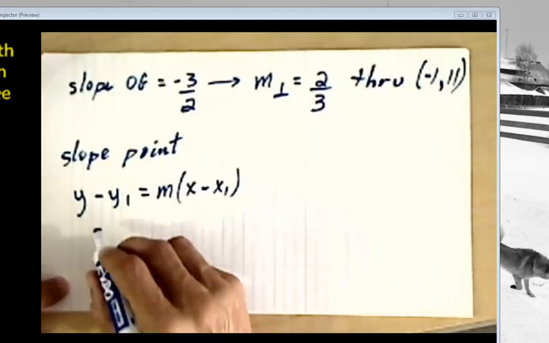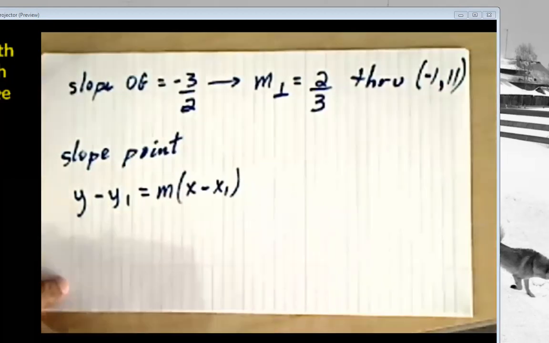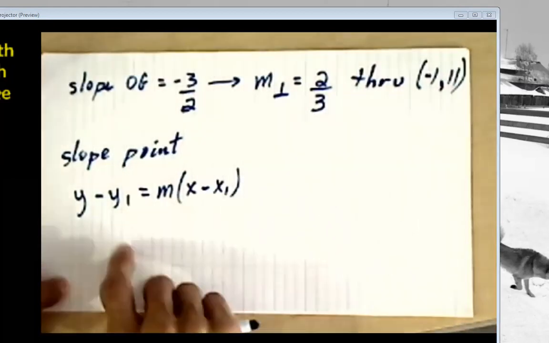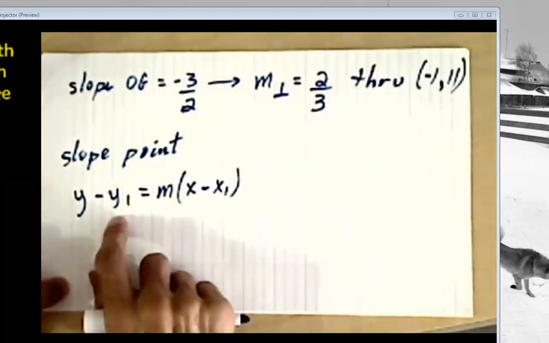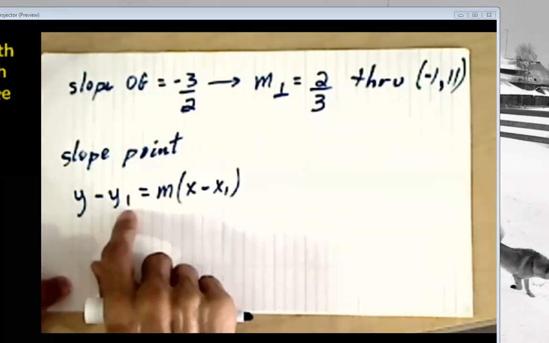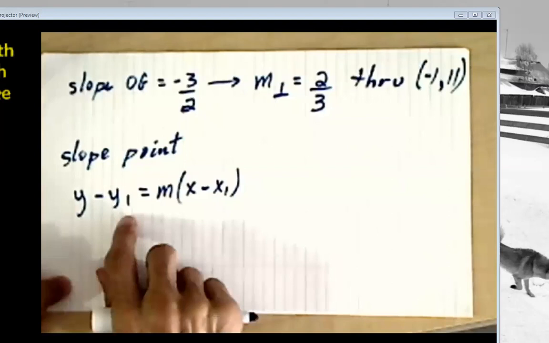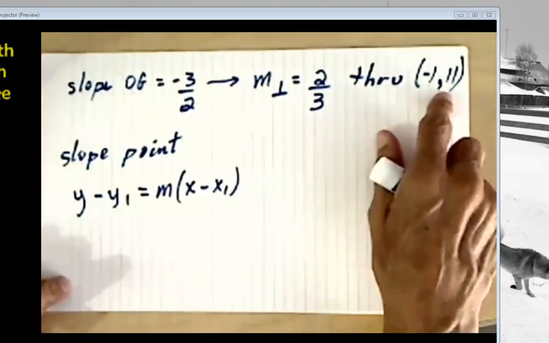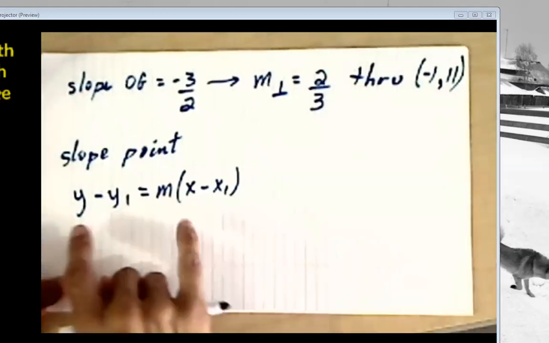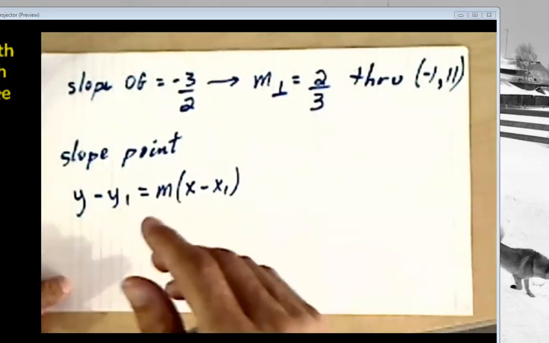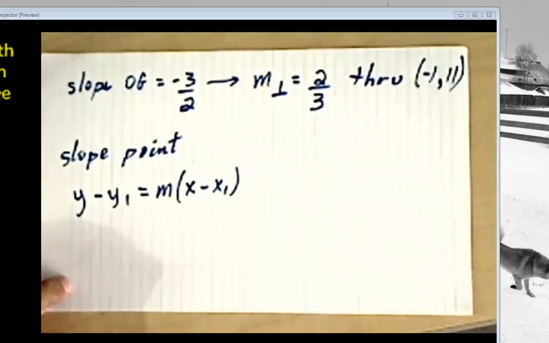Well, not Y actually. With this style, it's Y1. Because whenever there's like this number written down here, like in chemistry class, it refers to a specific point with actual numbers. X and Y, those are the variables. Okay, so that's the signal there.